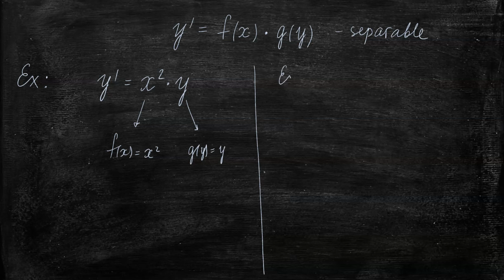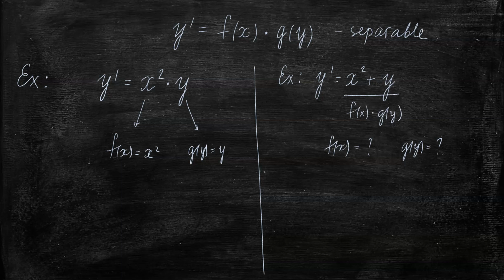On the other hand, you can look at this equation where I just changed the multiplication to addition, and now there is no way you can figure out what your f of x or g of y would be, so that the product of the two is equal to x squared plus y.